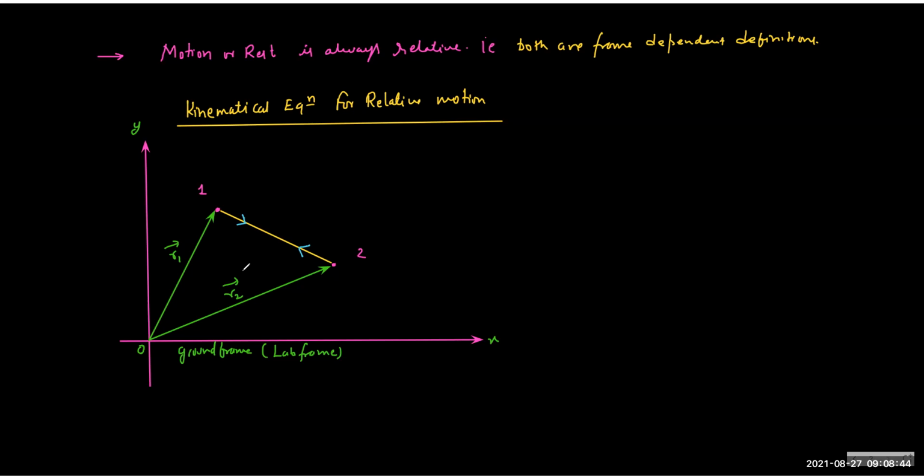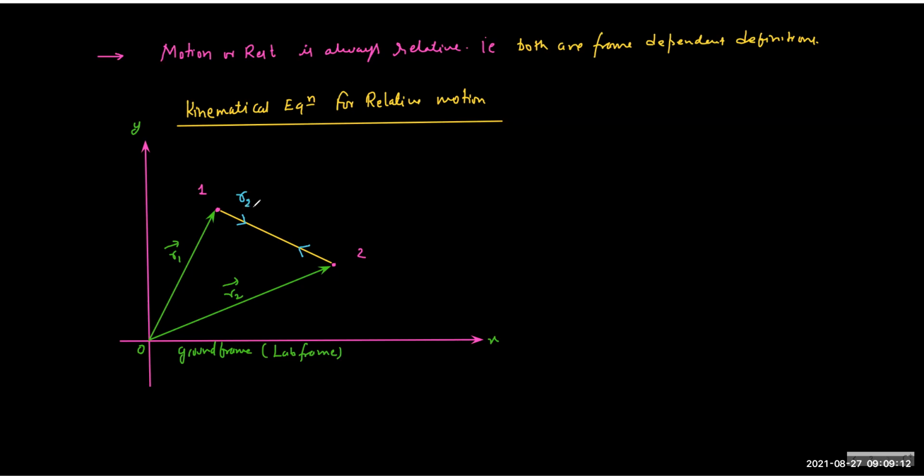So if I say the left blue arrow, it is pointing to whom? Two. So this is the position vector of which particle? The left arrow is representing the position vector of which particle, 1 or 2? Two.